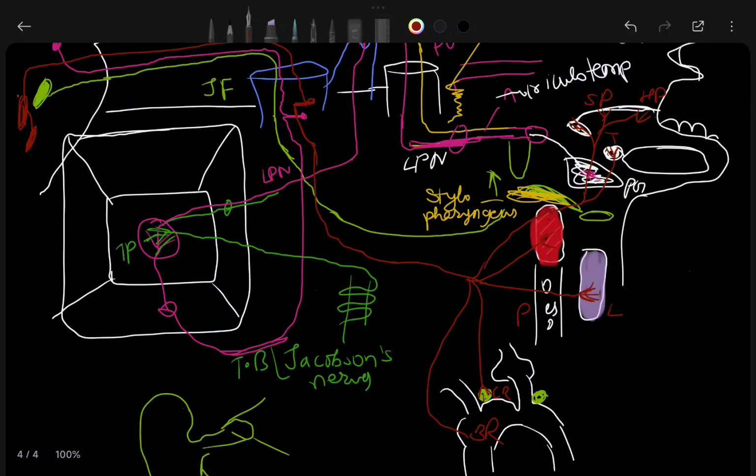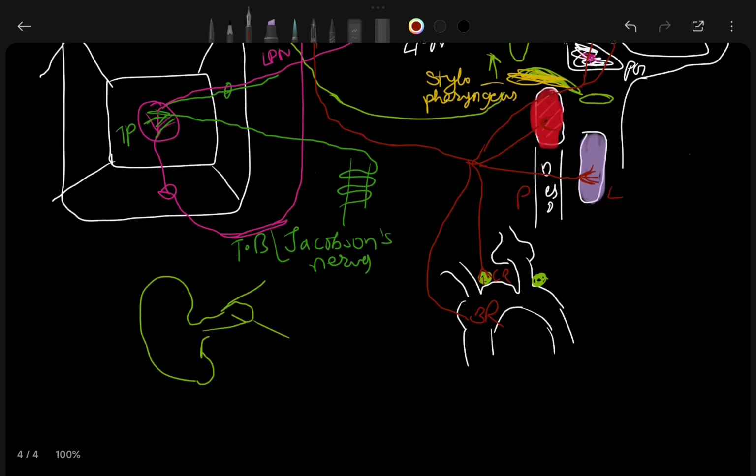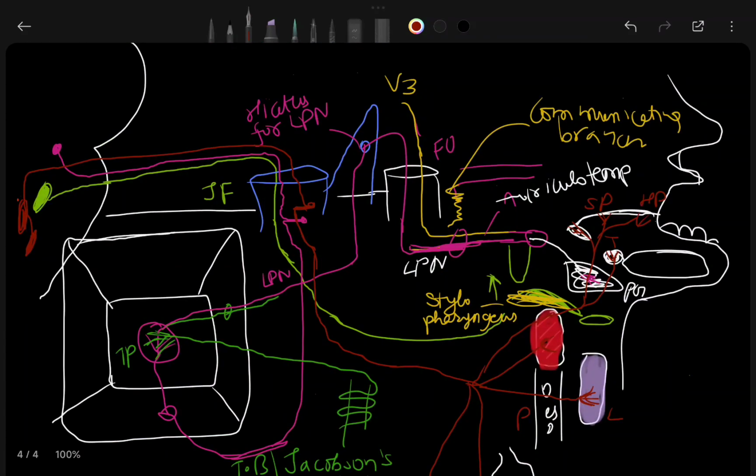These are the general visceral afferent fibers. And for the other components, let's go through special visceral afferent.